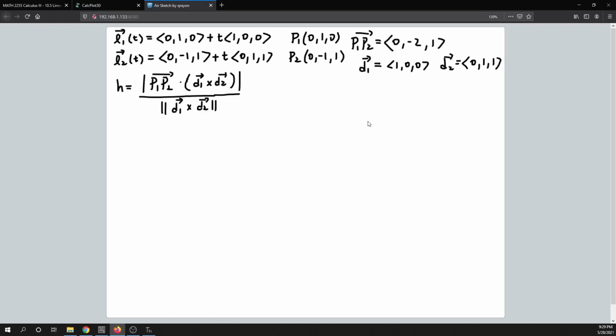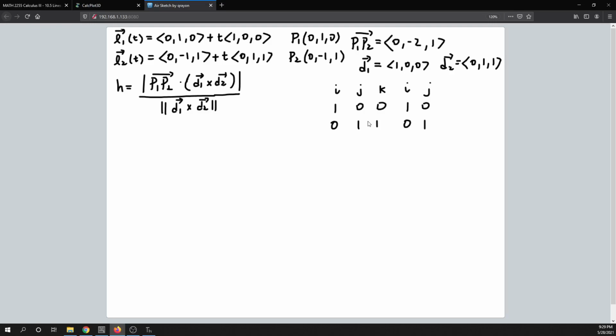So we need to take the cross product. I, J, K, I, J, and then D1 is 1, 0, 0, and D2 is 0, 1, 1.